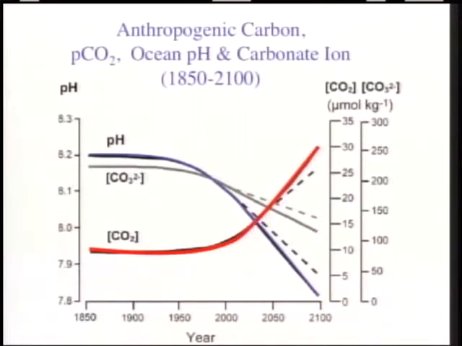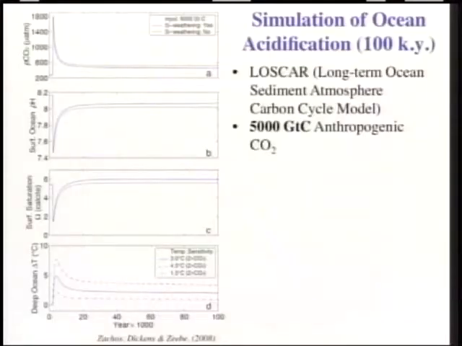Of course, that affects the saturation state for calcite in seawater. And this just shows a projection out to 2100 and the associated changes in pH and carbonate ion concentration. So we can see this drop in undersaturation, or a decrease in saturation of seawater. That's 100 years out into the future.